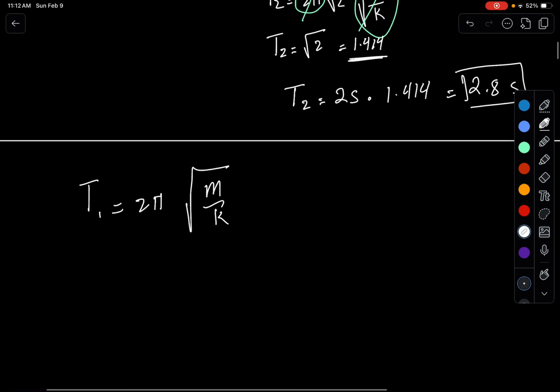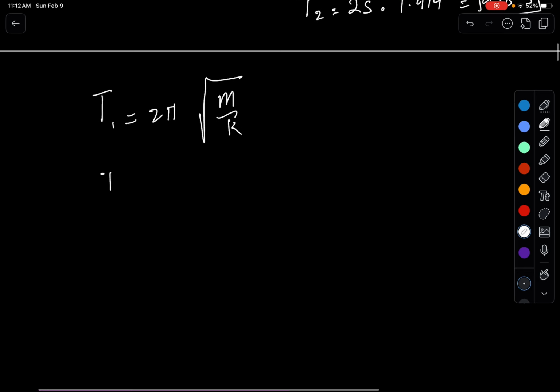Let's call this again T1 and let's write the new equation: T2 equals 2 pi times a square root of m over 4k. We have to follow the same steps. We have to simplify the equation to cancel the same repetitive steps.